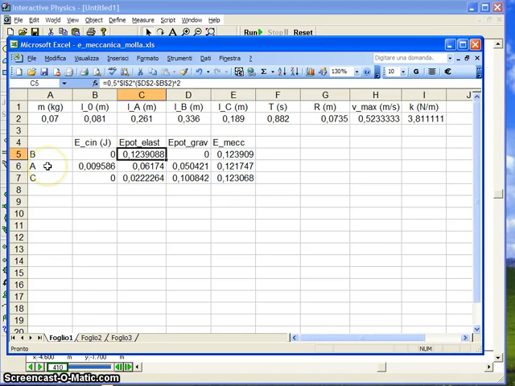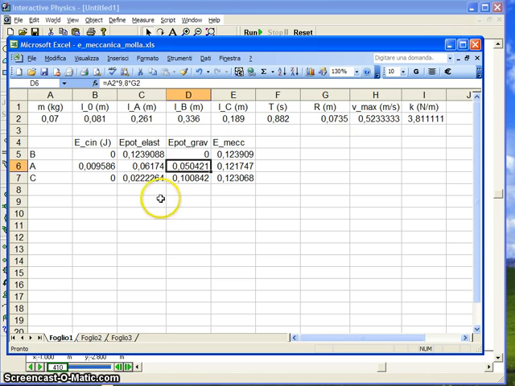During the A position you have to compute the mechanical energy in the same way, but in this case you have to compute the kinetic energy by using the velocity that we computed in this part of our Excel frame. And here you can see the formula to compute the elastic potential energy, and here the formula for the gravitational potential energy.